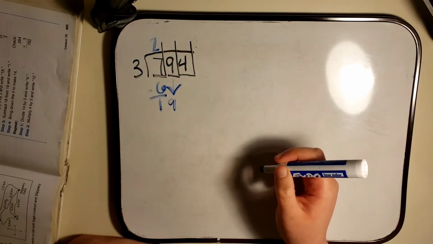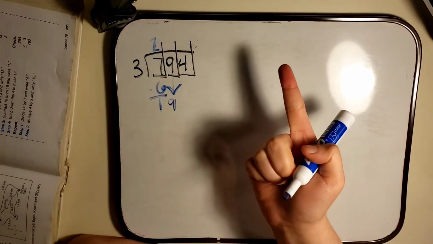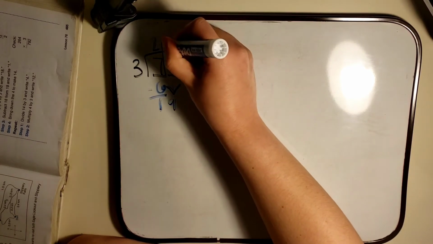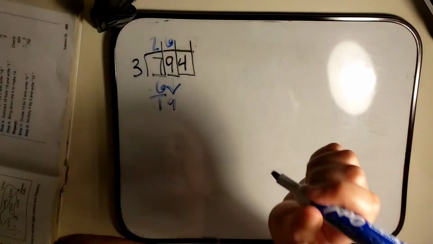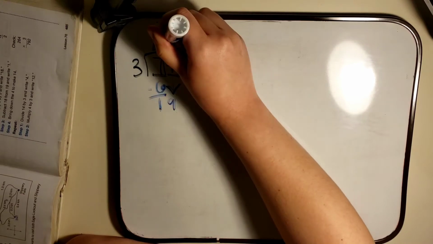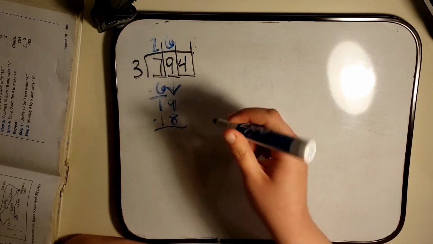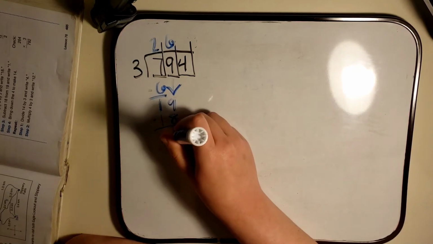3 goes into 19. We can count 3, 6, 9, 12, 15, 18. So 6 times, and we get 18. And 18 subtracted from 19 is 1.